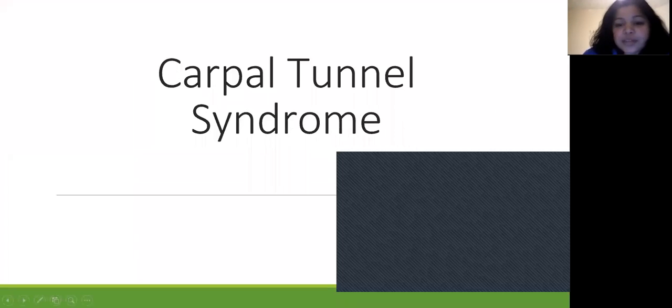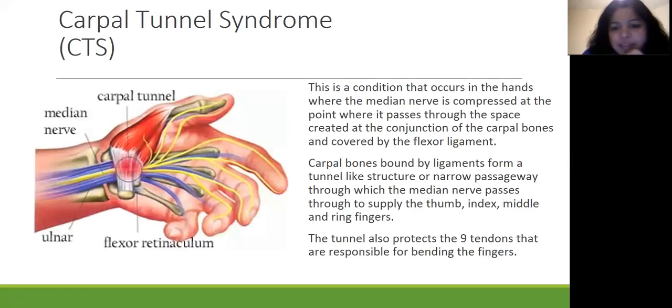Here we go. Okay, so carpal tunnel syndrome doesn't exactly have a very clear correlation in Ayurveda. It's somewhat here and there. Ideally, how we look at it is that it is a condition affecting your motor skills and movement of your hands.